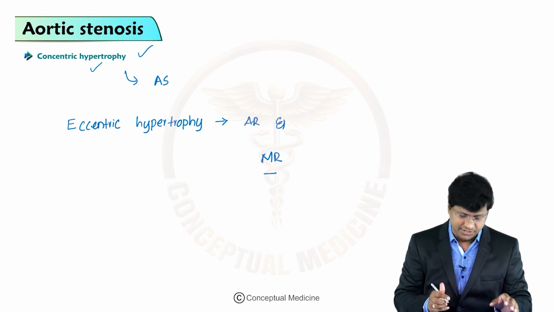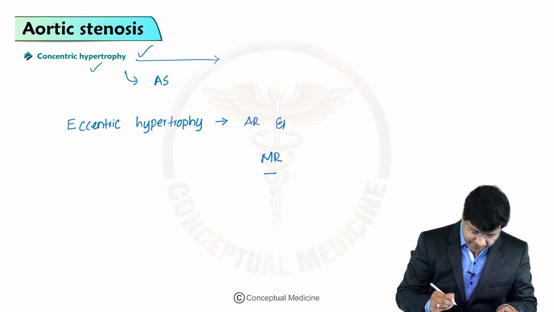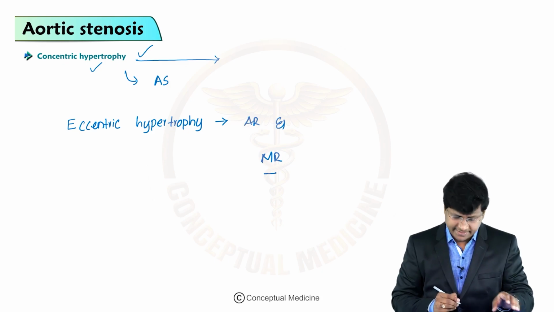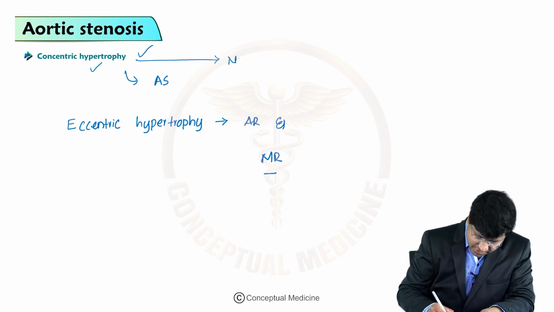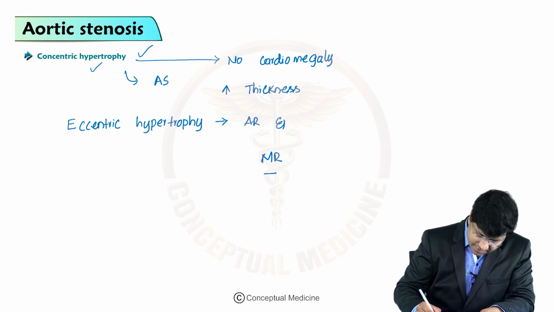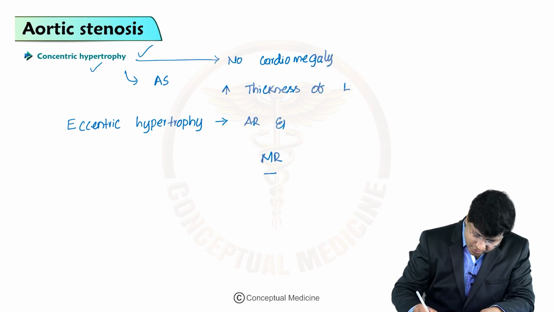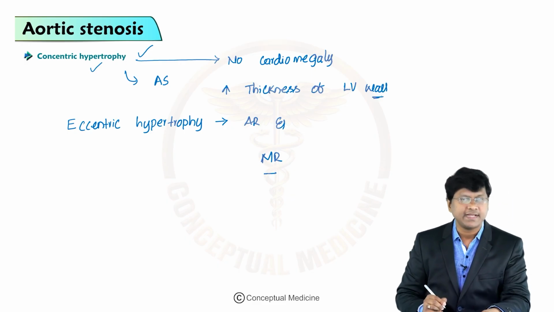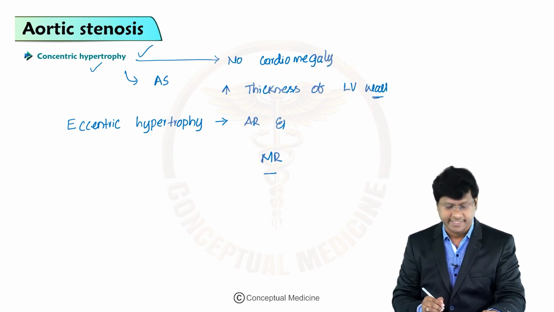What is the difference between these two? In concentric hypertrophy, there is no cardiomegaly, but there is an increase in the thickness of the left ventricular wall. That is what happens in concentric hypertrophy.